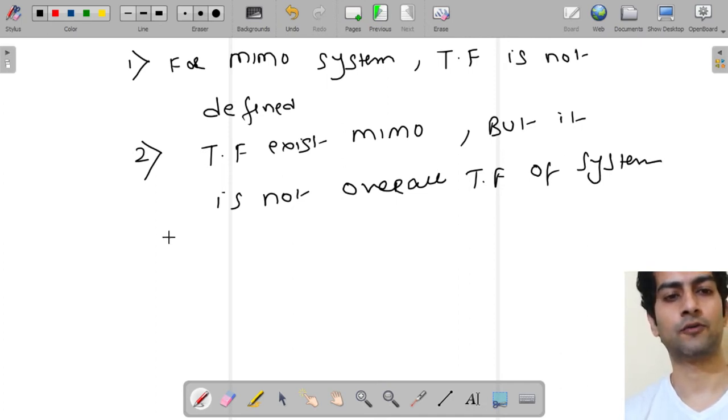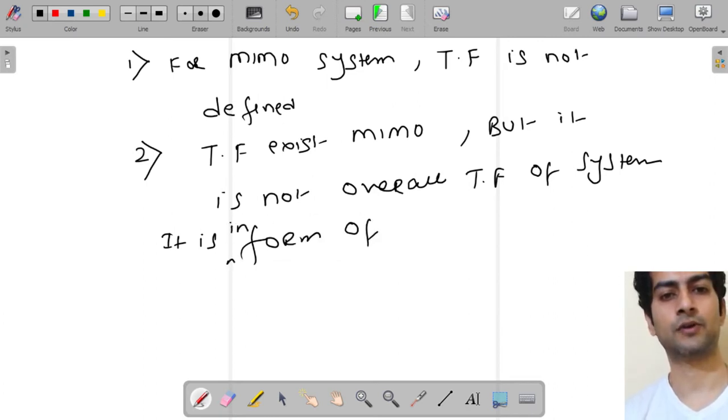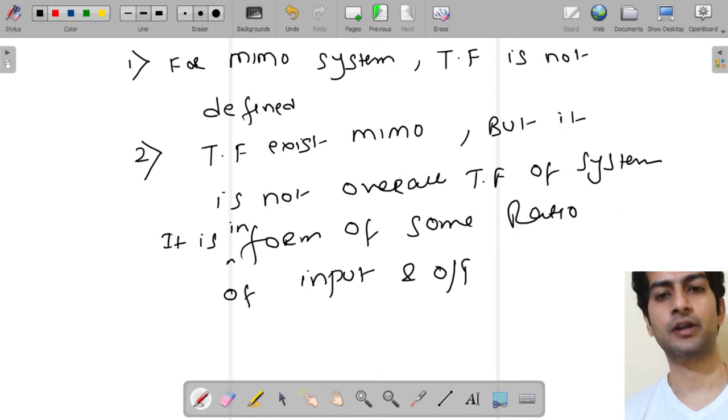It is in the form of some ratio of input and output. Very important conclusion I am giving you.